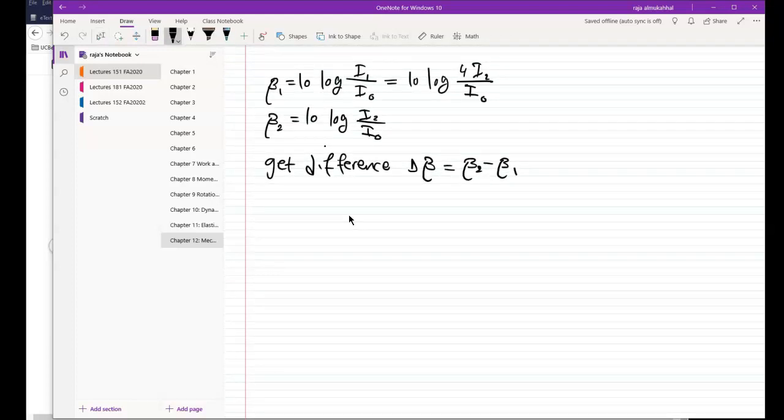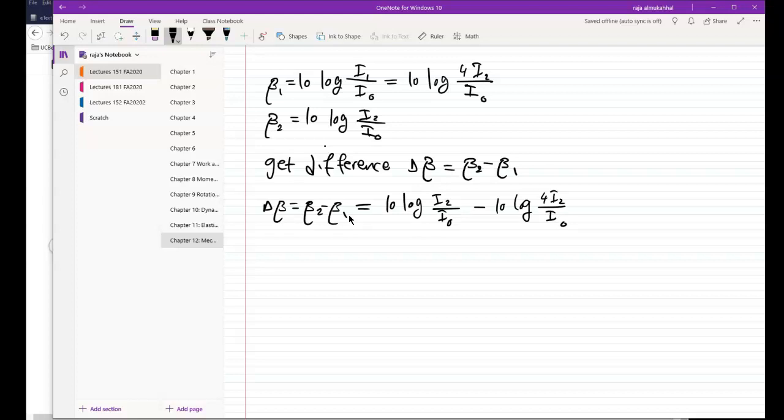So when we do that, I just plug it in. So I have here beta 2 is 10 log I2 over I naught minus 10 log 4I2 over I naught, okay?